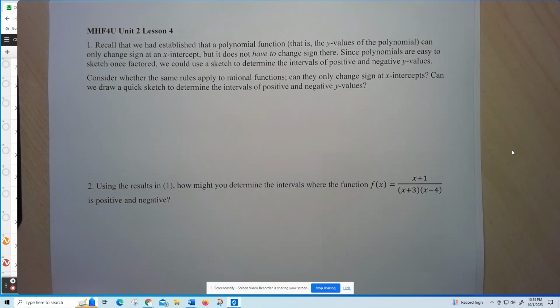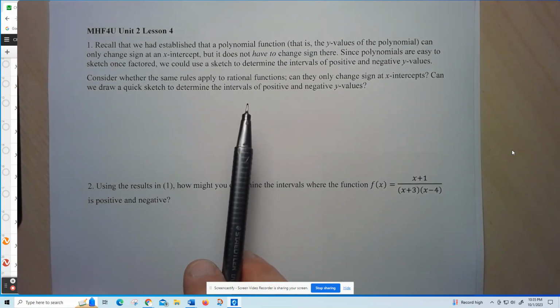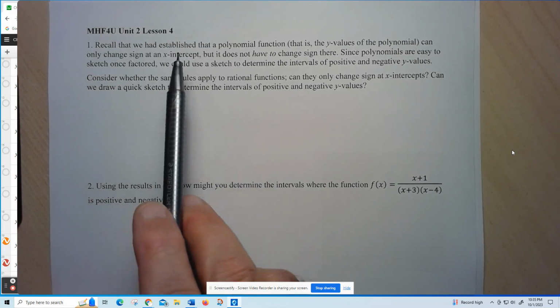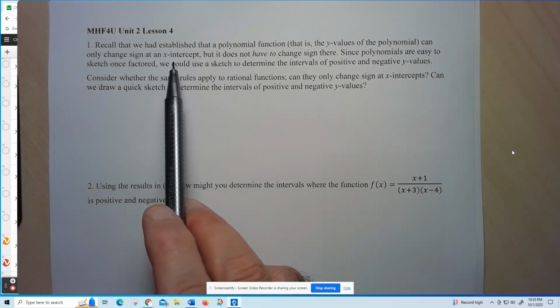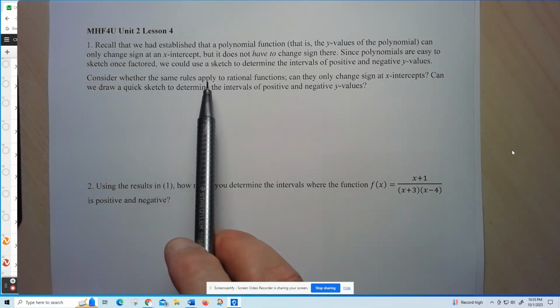But one of the things we talked about when it came to polynomials is I asked the question, when can a function change sign? And what we came up with was that a function can change sign at an x-intercept, but it doesn't have to. So if you think of an order 2 x-intercept, it bounces off the x-axis.